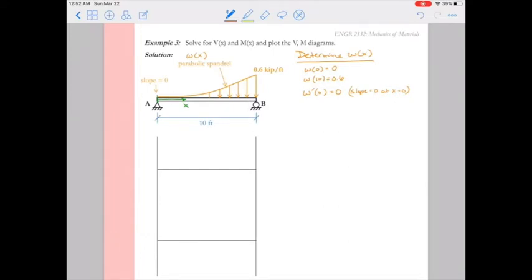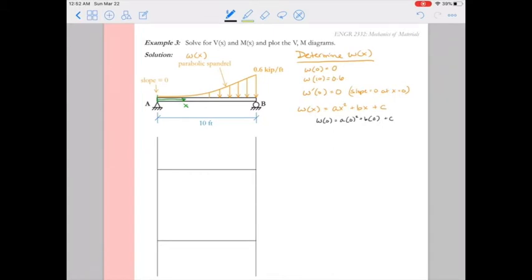Now I know that this is a parabola, so very generally I can say omega of x is equal to ax squared plus bx plus c, where a, b, and c are constants that I don't quite know yet. But I have 3 conditions defined above, so I'll be able to solve for these 3 constants.